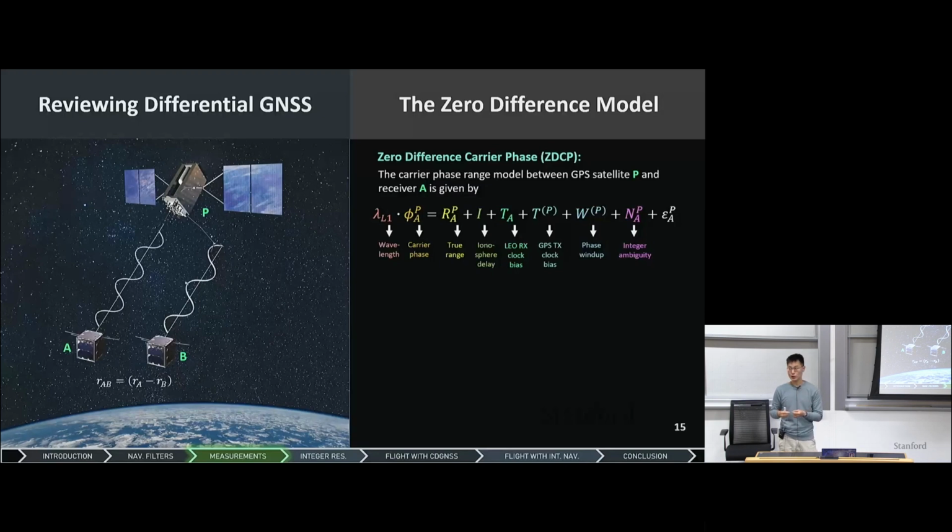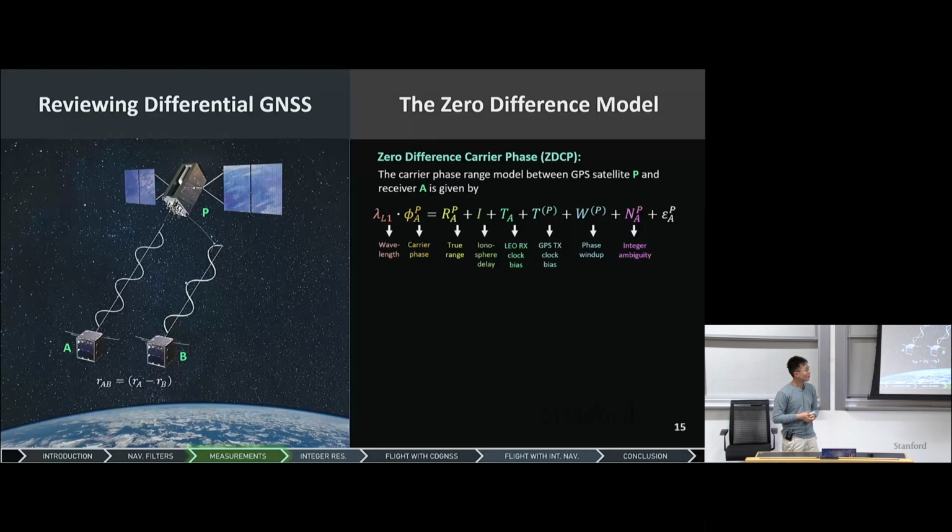What is your range between your receiver and a GPS satellite? Any ionospheric delays due to signal propagation delays going through a dispersive media, and tropospheric delays as well, which are not in this equation because we are flying much higher than the troposphere.